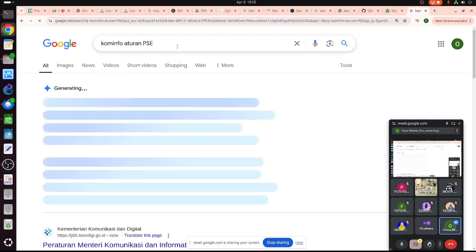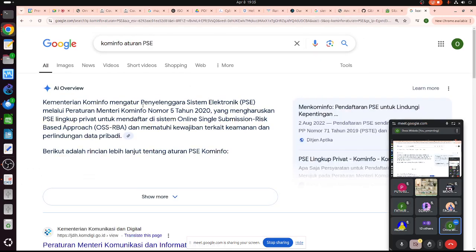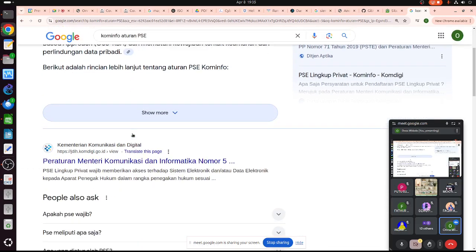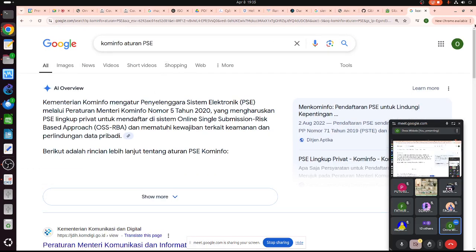I'm not good at regulation. Basically, I forgot the year and the number of the regulation, but based on ComDigi's regulation, it's called PSE, Penyelenggara Sistem Elektronik.